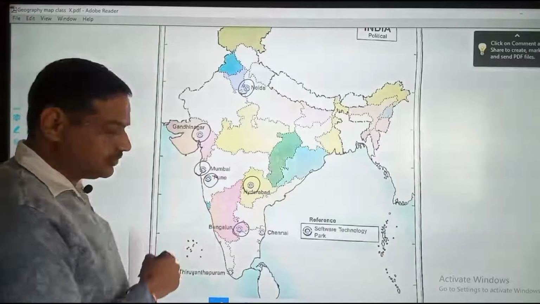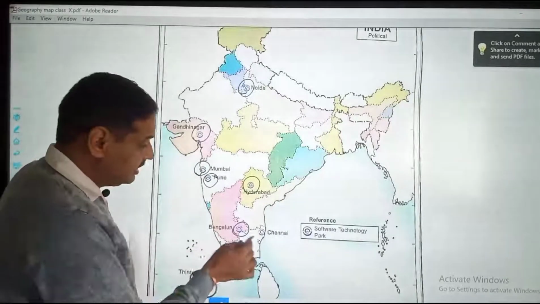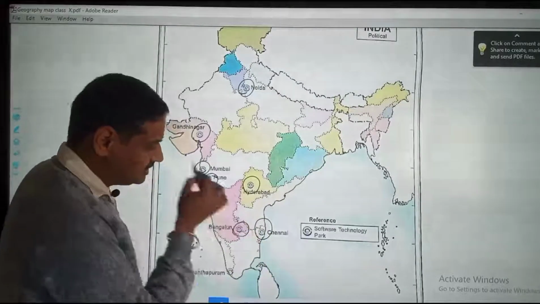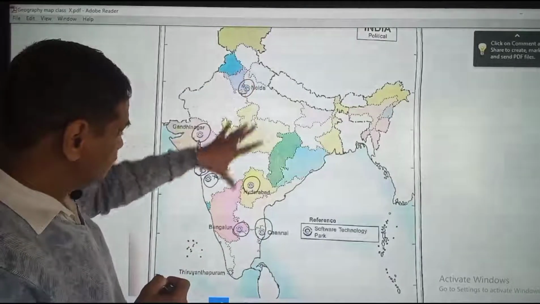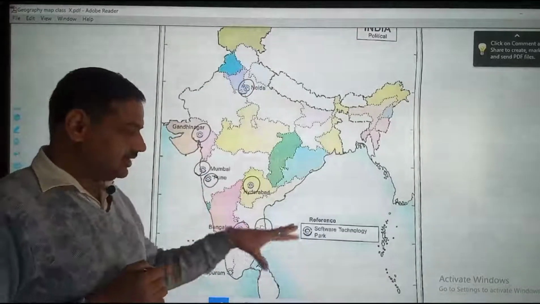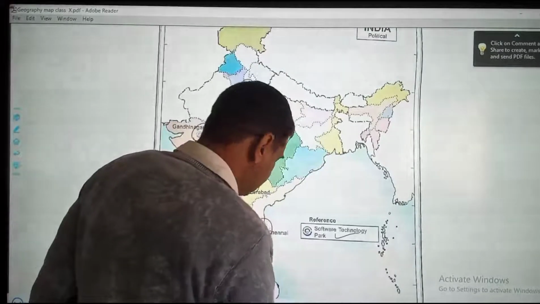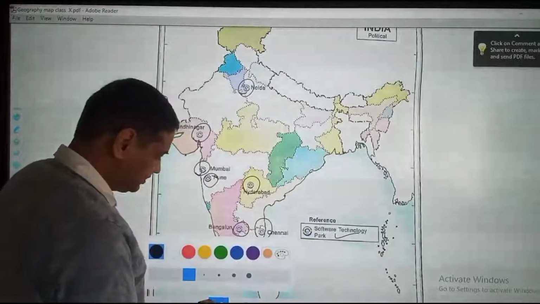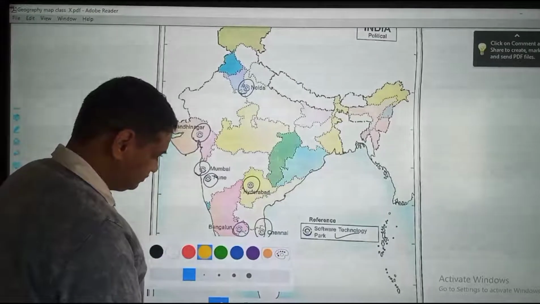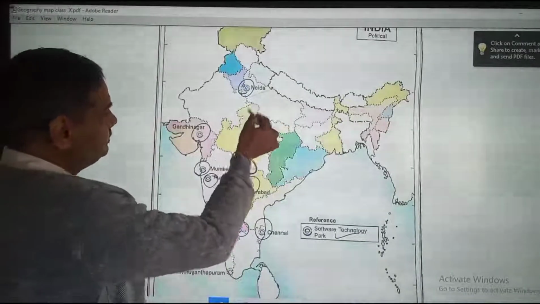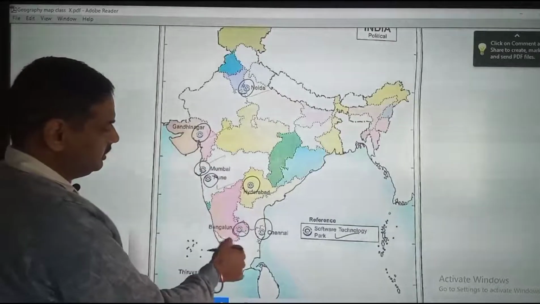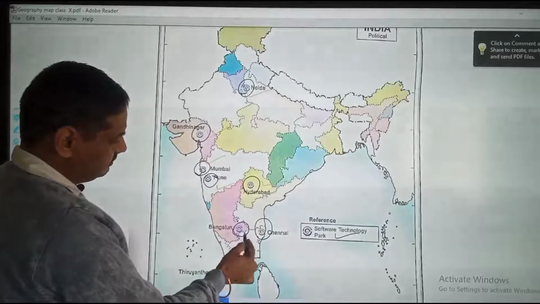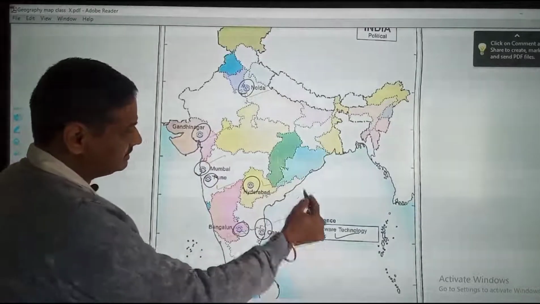Then Chennai, the capital of Tamil Nadu and one of the four metro cities. So the software technological parks prescribed in your syllabus are Noida, Gandhinagar, Mumbai, Pune, Hyderabad, Bengaluru and Chennai.